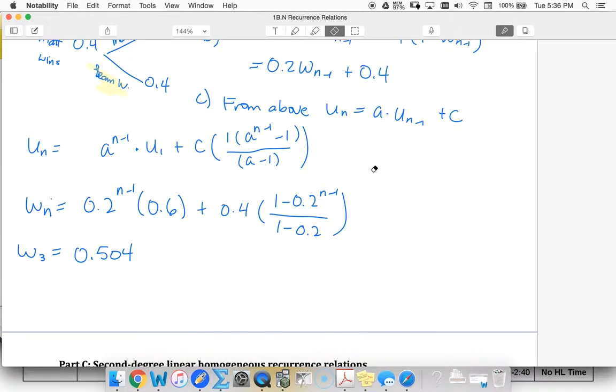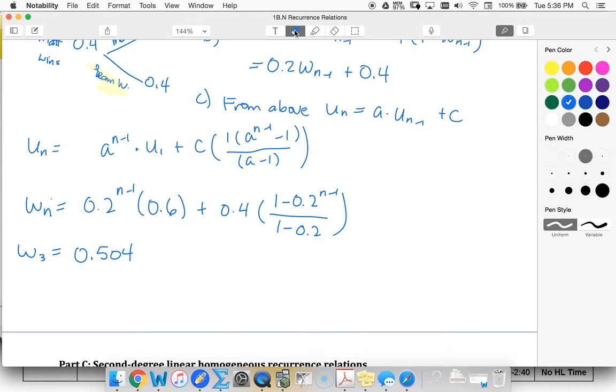All right, part D asks, what happens if they play a lot of times? That's really asking what's going to happen to the limit of W_n as n goes to infinity. As n goes to infinity, I'm going to end up with 0 times 0.6, because this is an exponential decay formula, plus 0.4 times 1 minus 0 over 0.8.